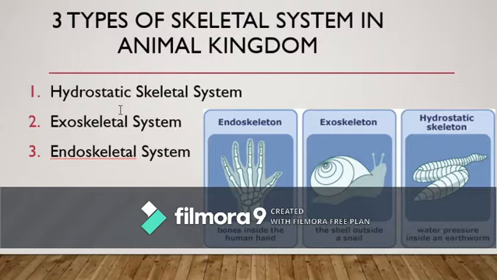The exoskeletal system is usually found in higher invertebrates like the echinoderms, the group of sea stars and urchins, the insects, the arthropods.